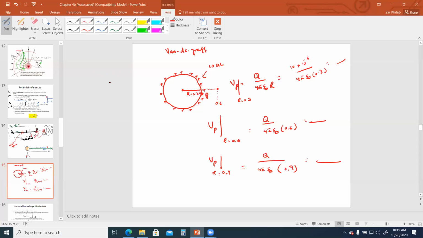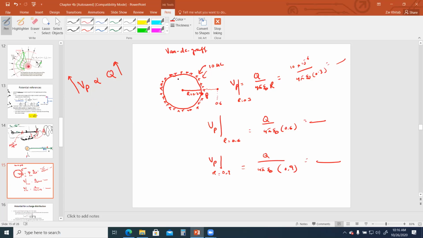Now, can you observe that as we increase the charge on this Van de Graaff, Vp is proportional to charge. So if you raise the charge on the Van de Graaff, potential will rise. Is this okay? A point will come when you have enough charge on this Van de Graaff and no more space for the charge.